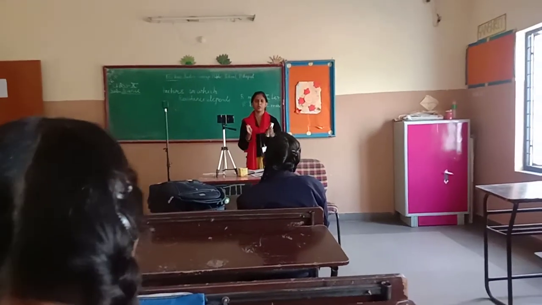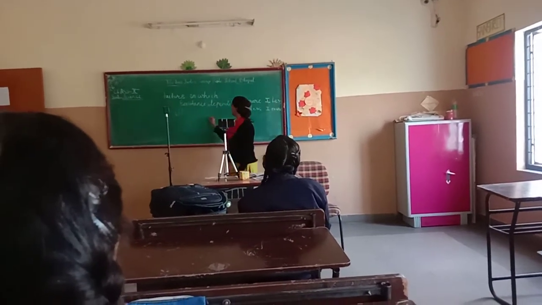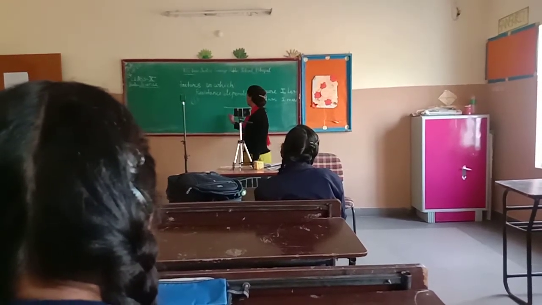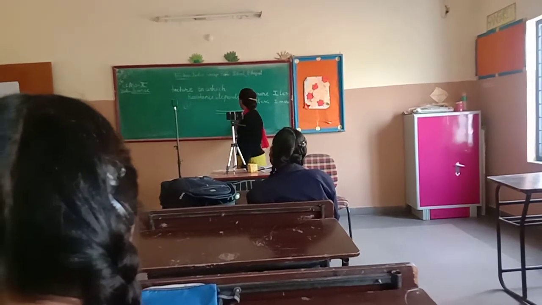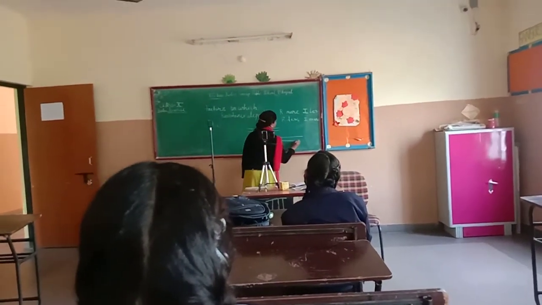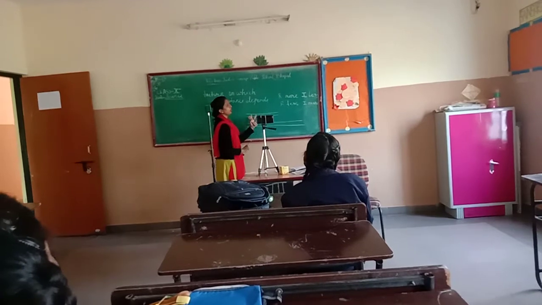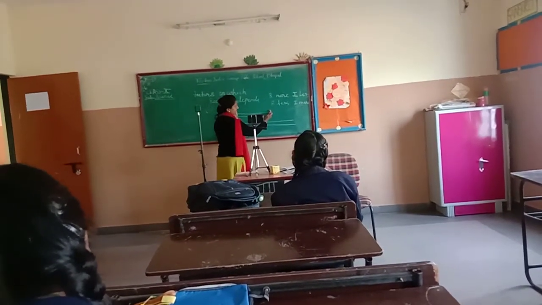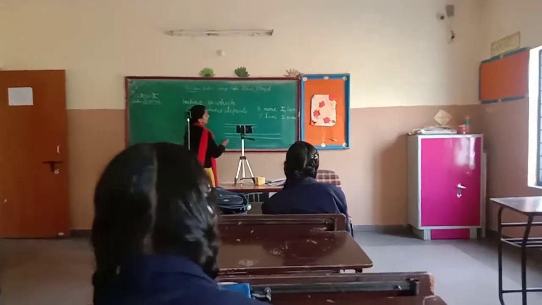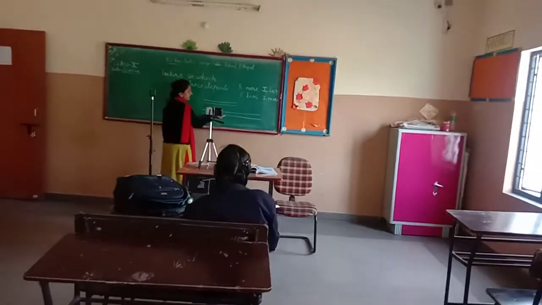Suppose two roads we have taken, going from one destination to another destination. Suppose this is one road and another road. We can conclude that for one road the distance is less in comparison to the second one. So here the length is less and here the length is more.